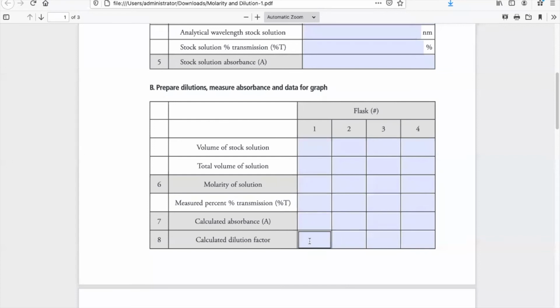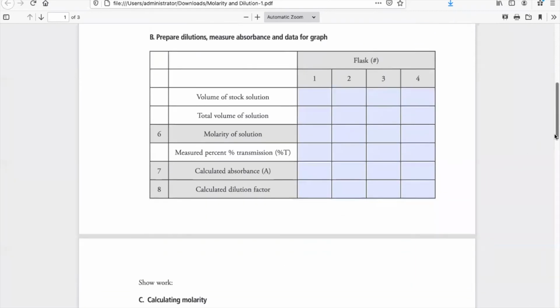So for the dilution factor, you'll have to use the stock solution volume and calculate the dilution factor for that. Any question on dilution factor? Remember, total volume was constant for all of them. They were diluted to 50 mL.